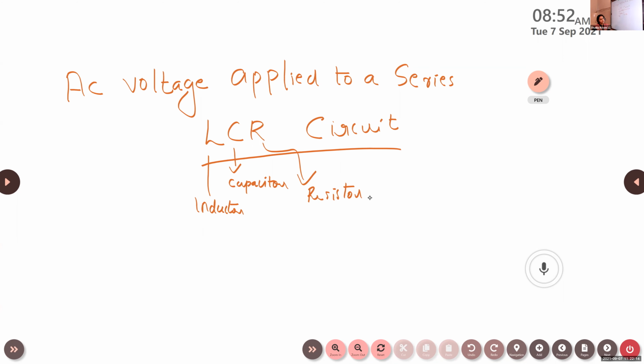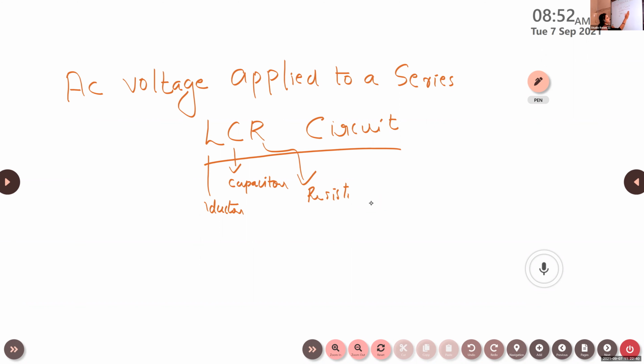But now we are going to combine all these three components together. That is, we connect the inductor, capacitor, and resistor in a series combination to an electric circuit, and apply an alternating source of EMF V = Vm sin ωt to these components.